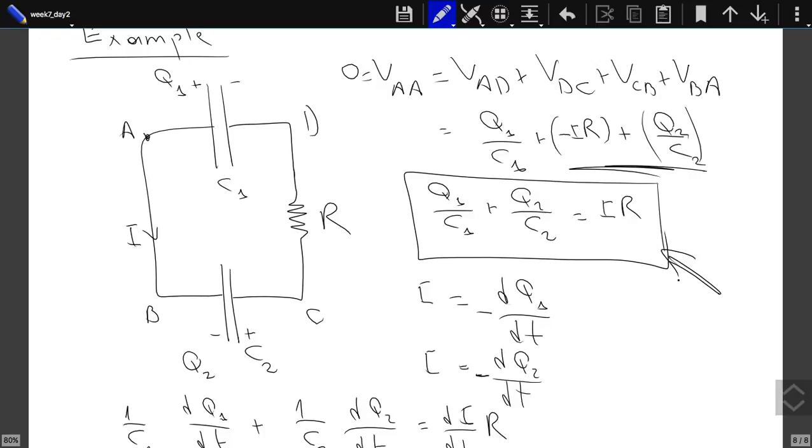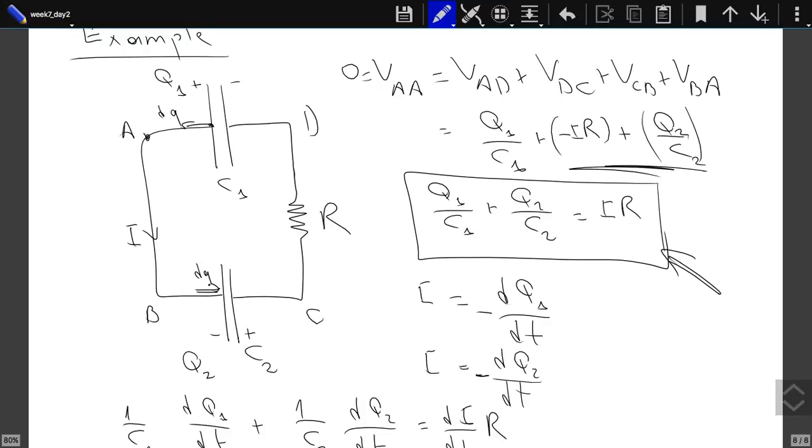So if I is, let's say, positive, we know that in a unit amount of time, a charge dq is leaving the positive plate of Q1. If dq leaves here, then dq reaches over here. When dq leaves here, Q1 goes to Q1 minus dq.